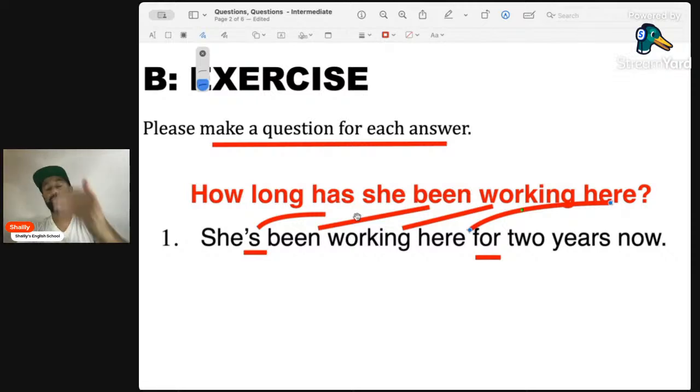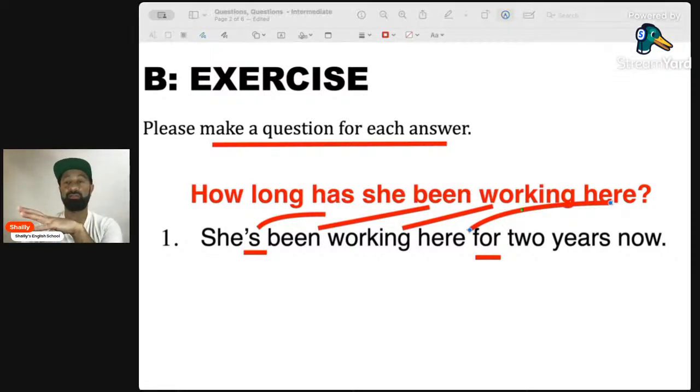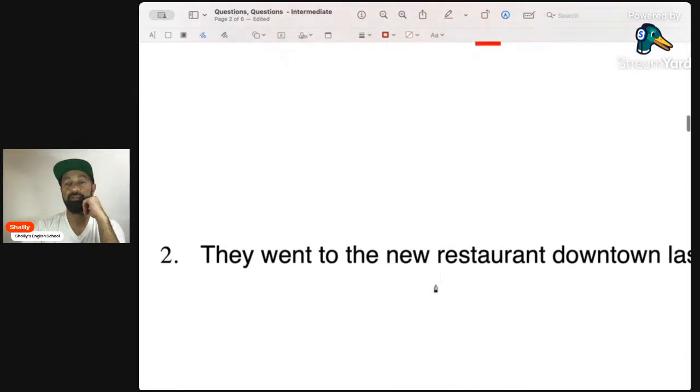The questions and answers will always match with their words. So if you listen carefully, if you read carefully, whenever anybody asks you a question, just use the same verb, same auxiliary verb to answer. All right, so let's go on to number 2.